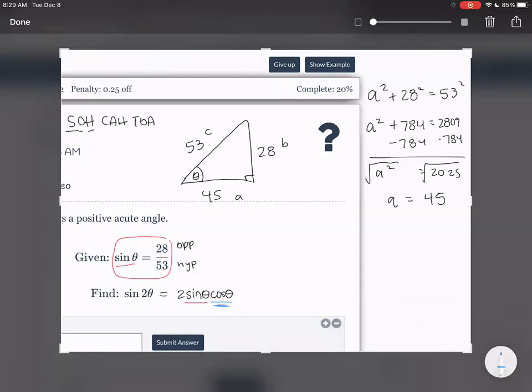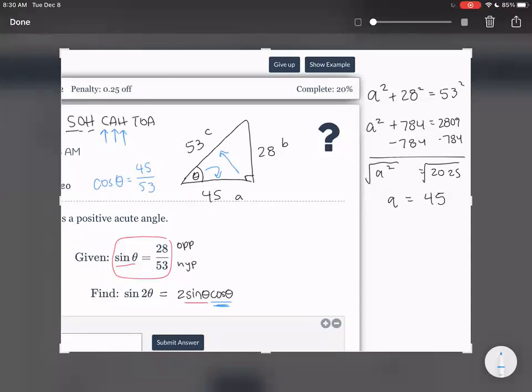So we want cosine of theta. According to SOHCAHTOA, cosine stands for adjacent over hypotenuse. That's what the CAH stands for. So let's write out what our cosine theta would be. Cosine theta would be the adjacent side, 45, over the hypotenuse, 53.